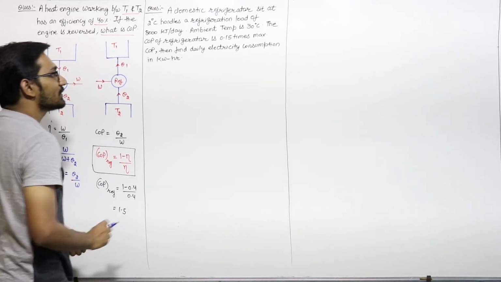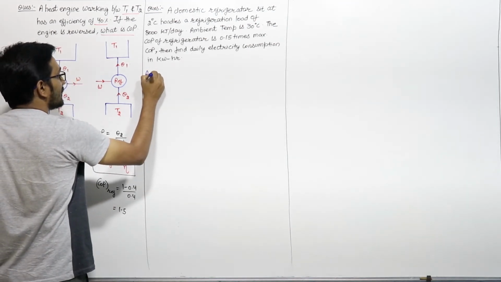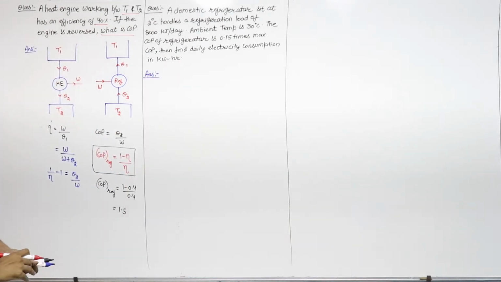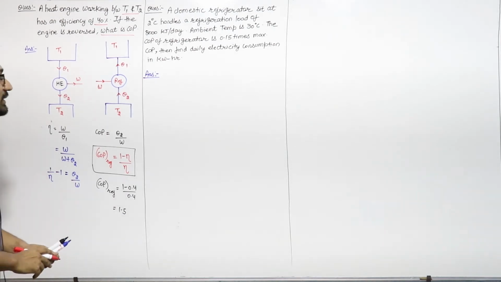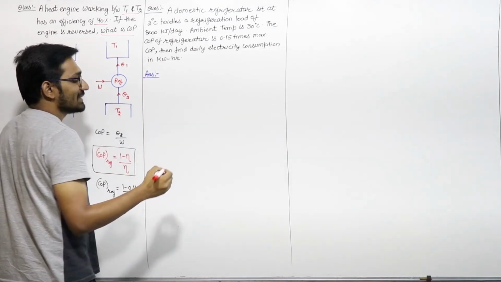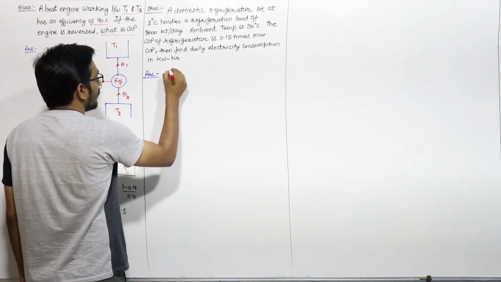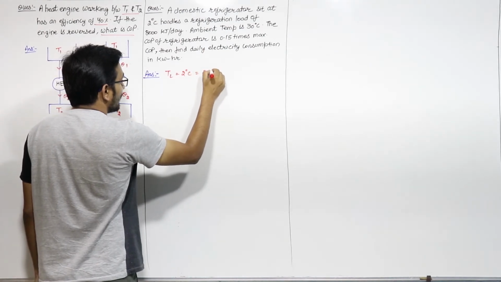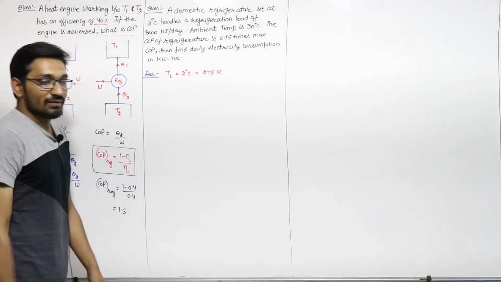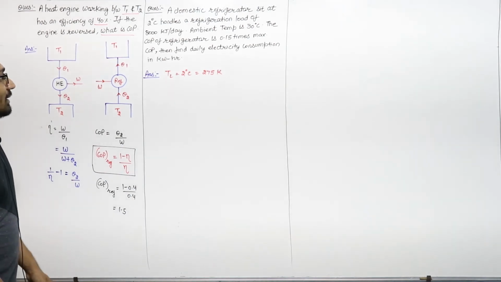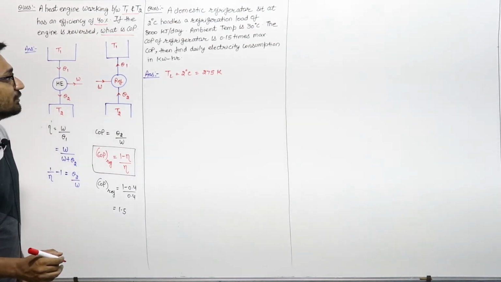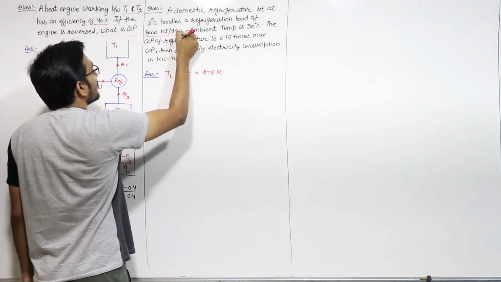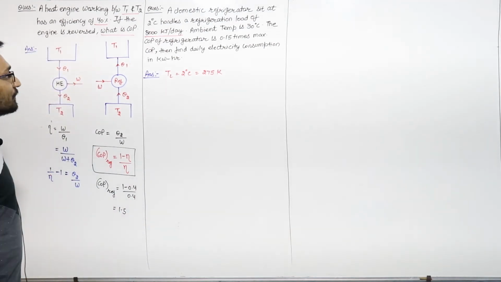Now let us solve one good question on RAC. This is a very good question, right? We will discuss it. The statement says that there is a domestic refrigerator which is set at 2 degrees Celsius. So we can say that the lower temperature is 2 degrees Celsius, that means 275 Kelvin, and it handles a refrigeration load of 8000 kilojoule per day.